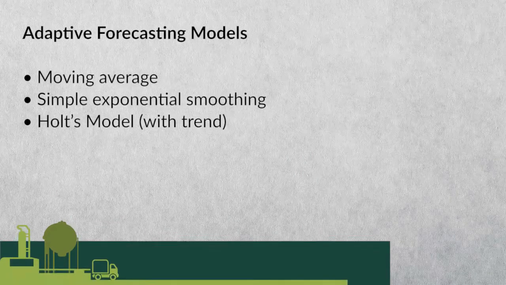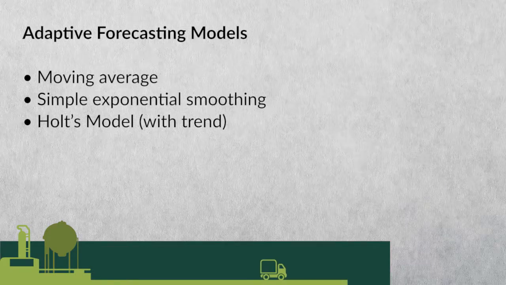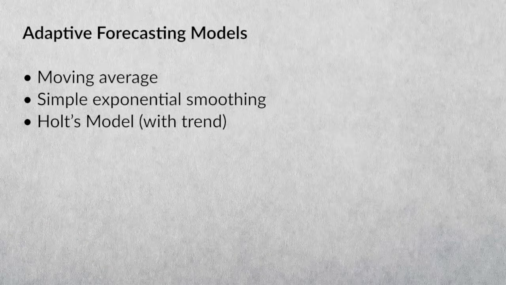In this session, we'll be looking at the three different models which are adaptive in nature, which I talked about: the moving average, the exponential smoothing, and the Holt model. So let's first start with the moving average technique.